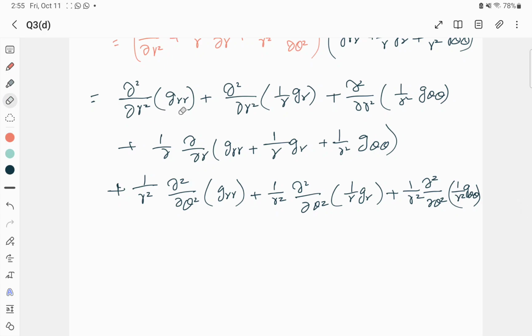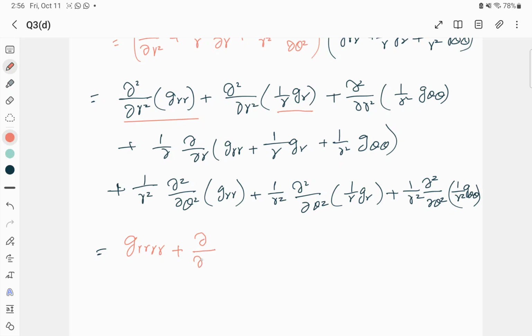So here this is the derivative of g with respect to r already, and taking the double derivative again with respect to r, this will be just g_rrrr. And here we have to apply the double derivative with respect to r on this product. That means the product rule will be applied, but I'm going to apply it in two steps.